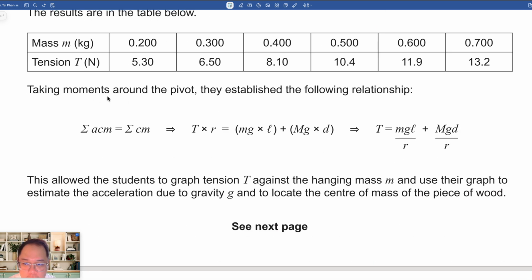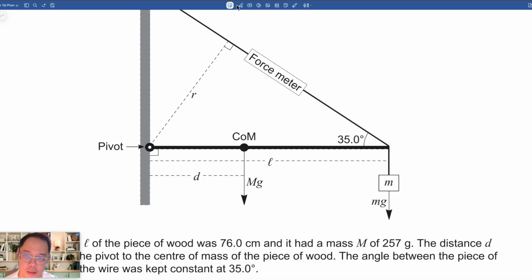Taking moments around the pivot, they establish the following relationship. The sum of the anti-clockwise moments equals the sum of the clockwise moments. Therefore, tension multiplied by the distance r is the anti-clockwise moment. Distance r here is the distance from the pivot to the line of action of the tension.